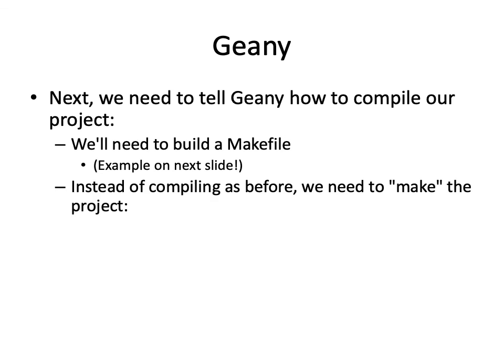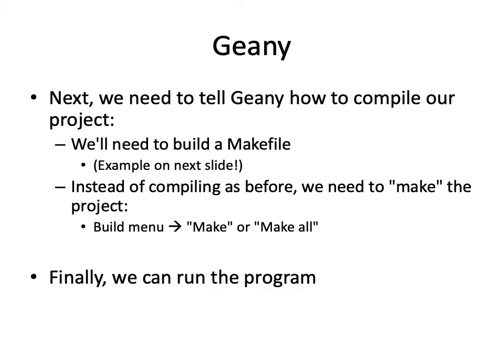So what we're going to do is, instead of compiling a single file like we did before, we're going to need to make or build the project using this command. So we'll go to the Build menu and select either Make or Make All once you've built that Makefile. Once you've done that, if you press Make or Make All, it'll try to compile each of the files separately, and then it will try to compile them all together, linking them together, that is. And it will either have lots of compiler errors, or it'll all work and say compilation finished successfully.